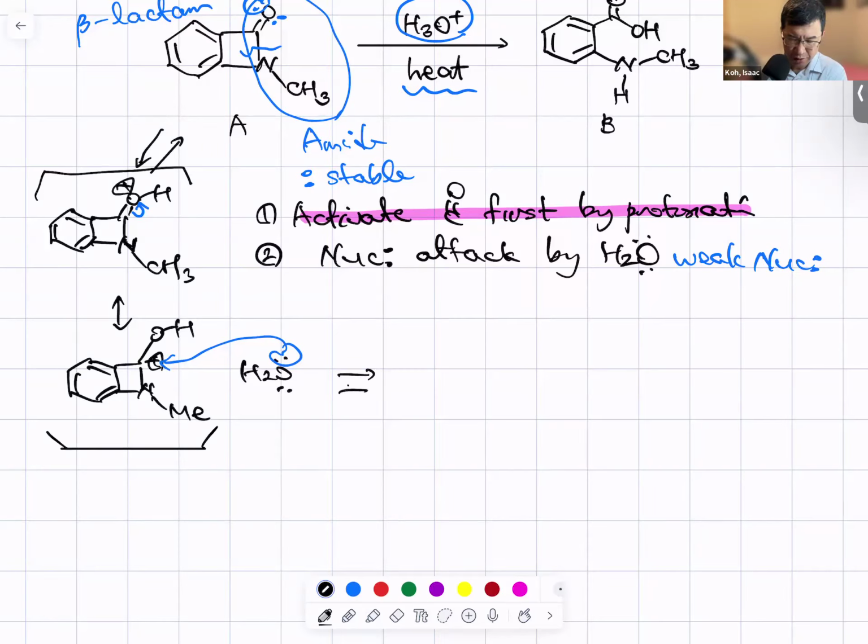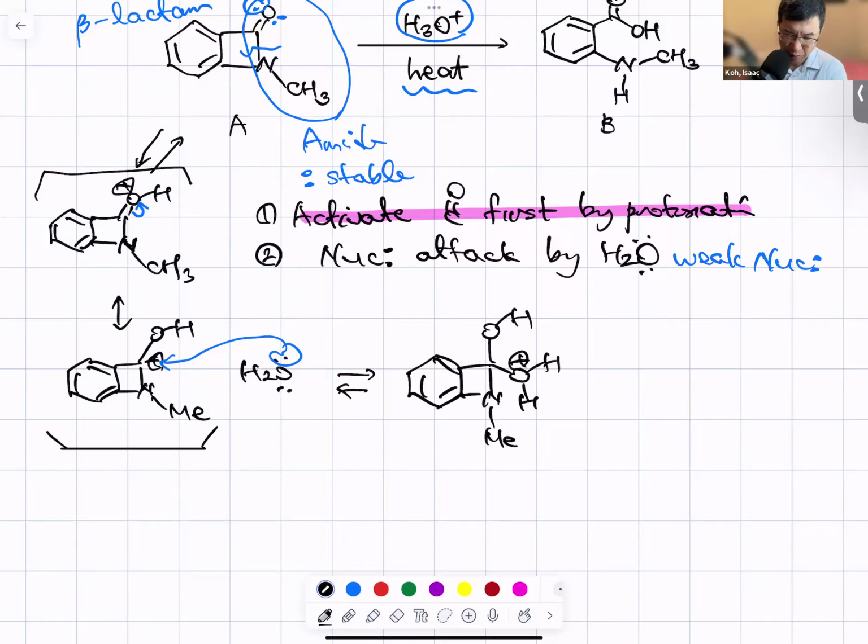And this is again a reversible process. So it will be making a new bond here, OH, H positive, because this one has offered one of its lone pairs. And then let's use water as a base, or we can do many things.